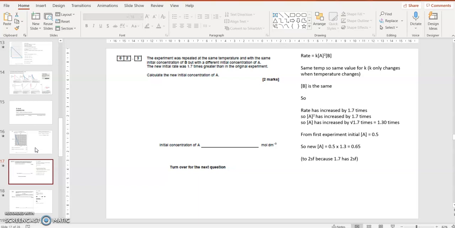So 0.5 times 1.3 is 0.65. So the new concentration of A is 0.65, 1.3 times the original concentration of 0.5. Everything's to two significant figures, so let's put it to two significant figures, 0.65. Yeah, that's fine.